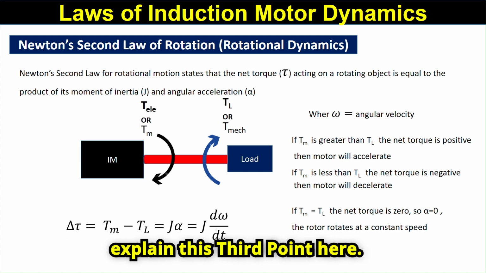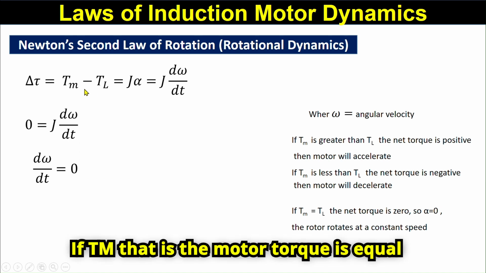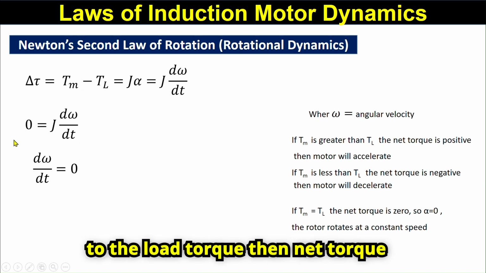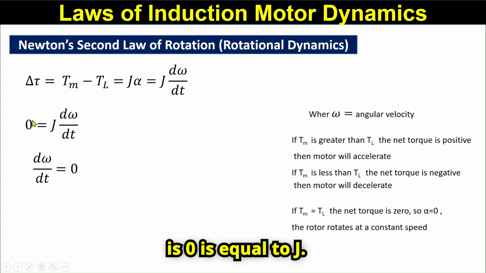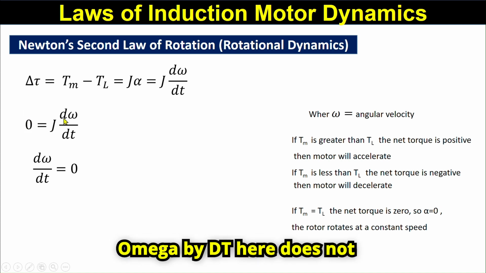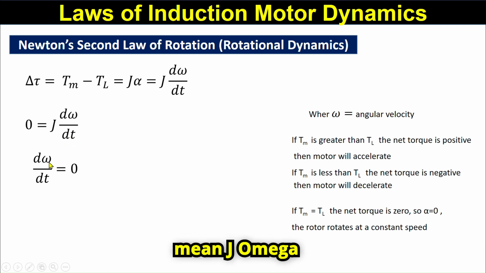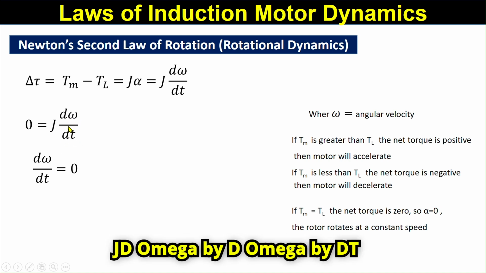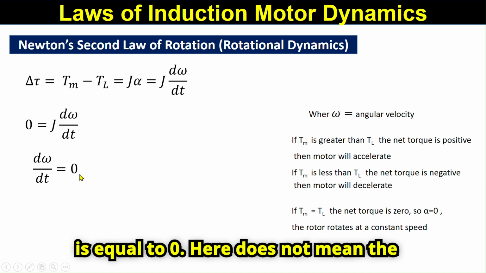Now I will explain this third point here. If Tm, that is the motor torque, is equal to the load torque, then the net torque is 0. So 0 is equal to J d omega by dt, which means d omega by dt is equal to 0.